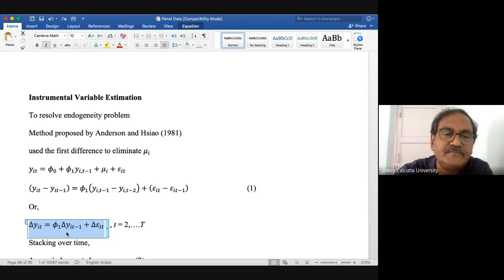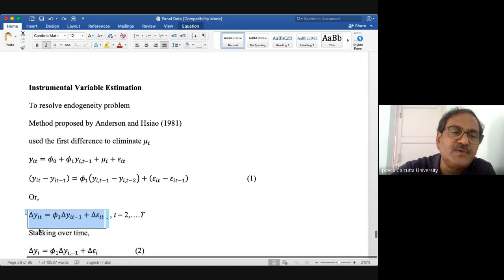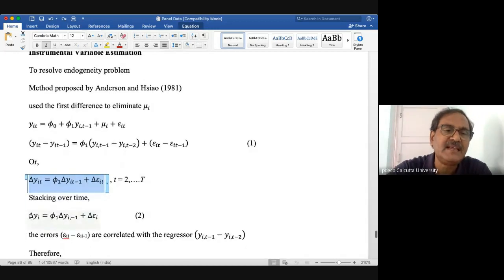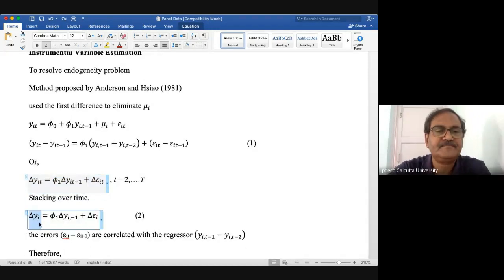Okay. For the third component, you have a vector delta epsilon i1, delta epsilon i2. In this way, delta epsilon iT. Now this column vector you have written in the left hand side. Suppose we denote it as delta yi.